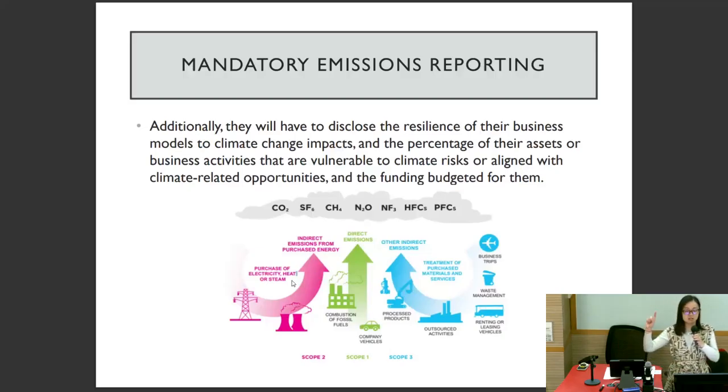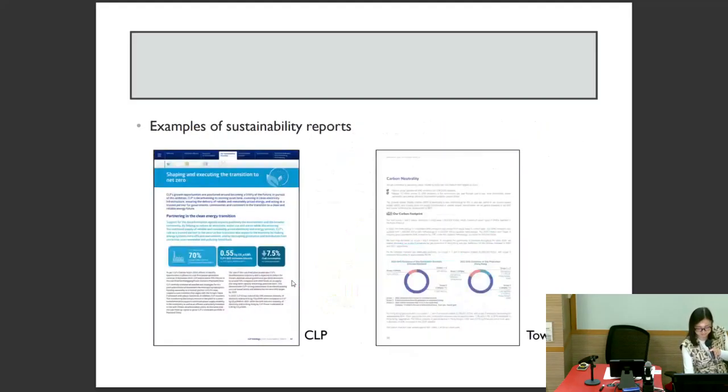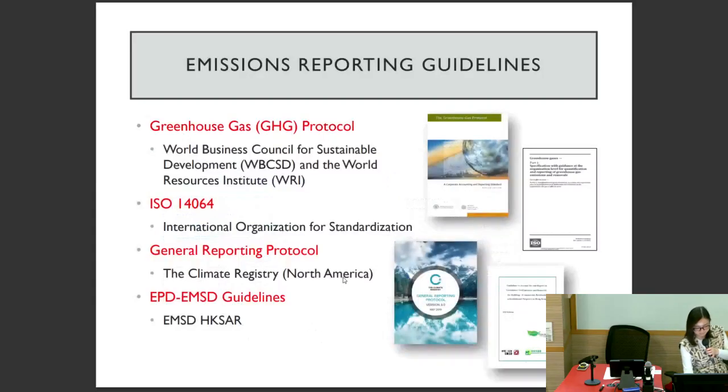So these are about how they will combat climate change, what is the risk of climate change to the business, and any opportunities for the company to make more money, maybe through mitigation strategies and then trading the credits in the market. This is an example of the ESG report for CLP and Towngas, and they are open to the public. You can try to download and read one of them.